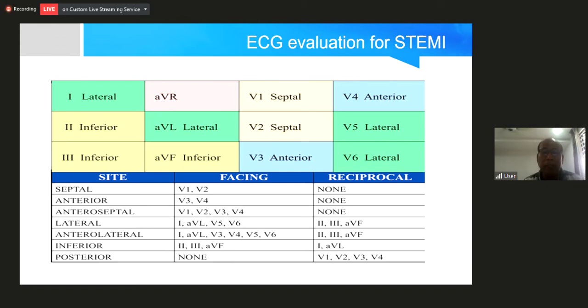Septal, V1, V2: reciprocal none. Anterior: none. Anteroseptal, V1 to V4: none. Lateral, I, aVL, V5, V6: the reciprocal is III, aVF. Anterolateral, I, aVL, V3 to V6: the reciprocal is III, aVF. Inferior, II, III, aVF: the reciprocal is I, aVL. I think you can more or less memorize this. Next slide, please.